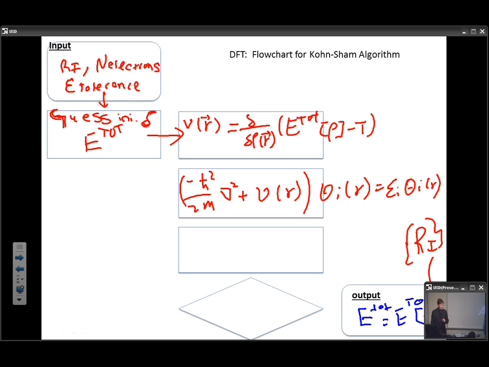Excellent. Thank you so much. So this equation that Chang introduced helps us to find orbitals.